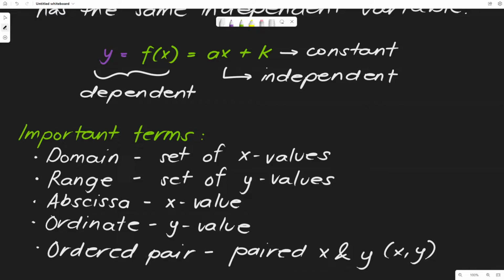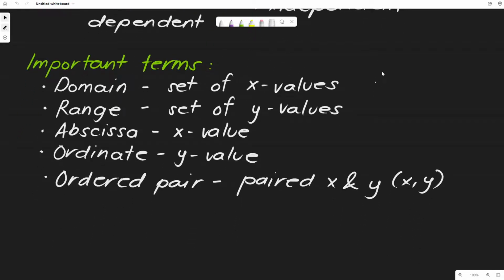There are several important terms that we need to remember. First is the domain, which we usually use when building function tables. The domain is the set of x values, and the range is the set of y values.